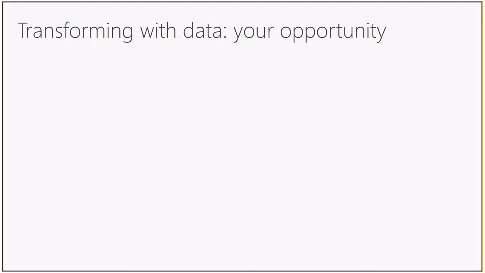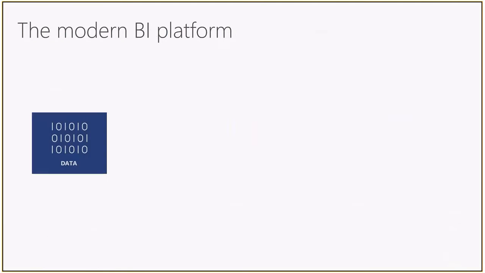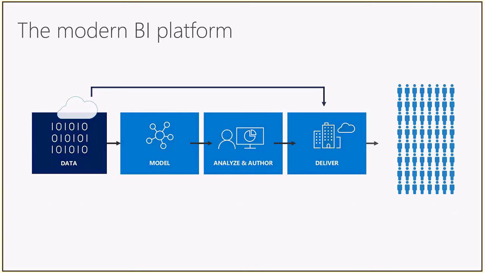Also, according to Gartner, customers gain 14% savings in CAPEX, software costs, IT staff, and paying for what you need. So you're gaining more money and saving money all at the same time.